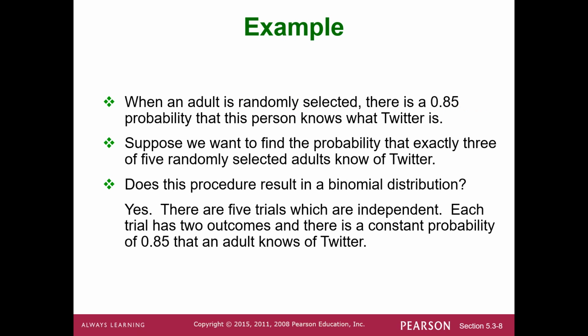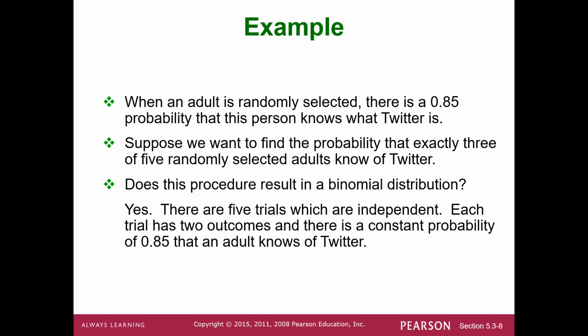All right. So what we're going to do now is look at some examples of things that could be binomial distributions. Let's say, for example, we randomly select an adult. We have some number of adults. It could be the population in America, anywhere. And we know that there is an 85% probability that this person knows what Twitter is.